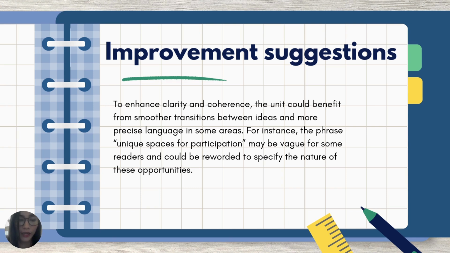To enhance clarity and coherence, the unit could benefit from a smoother transition between ideas and more precise language in some areas. For instance, the phrase "unique space for participation" may be vague for some readers and could be reworded to specify the nature of these opportunities. In addition, it would be helpful to include concrete examples that illustrate how the proposed assessment strategies are applied.